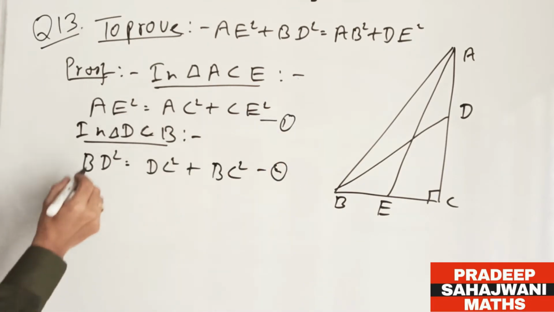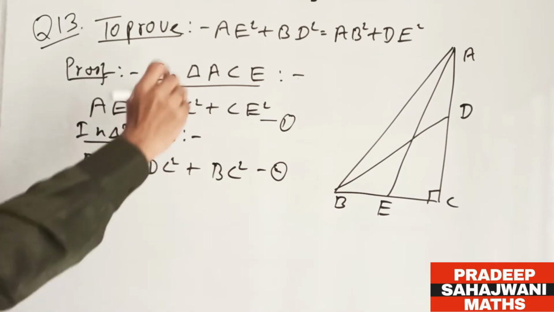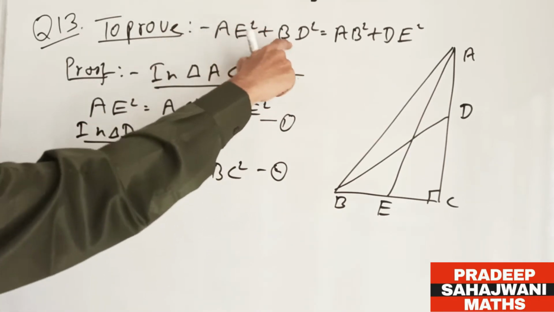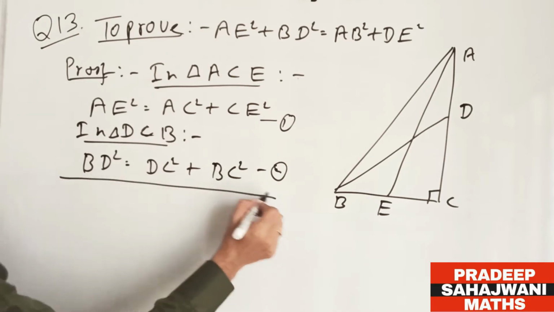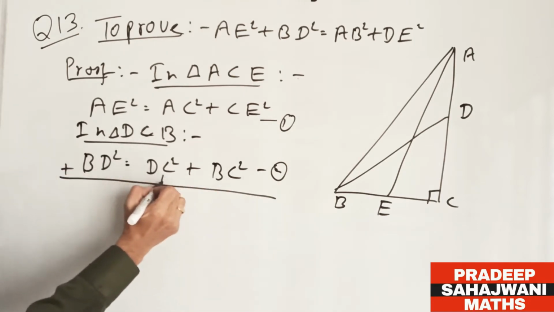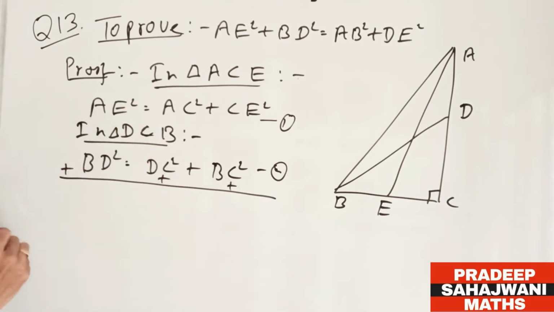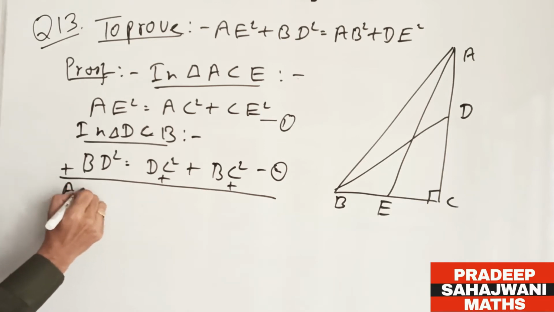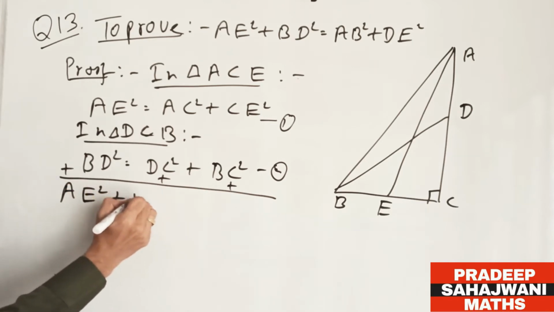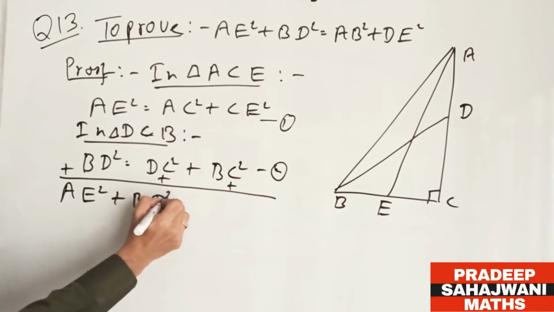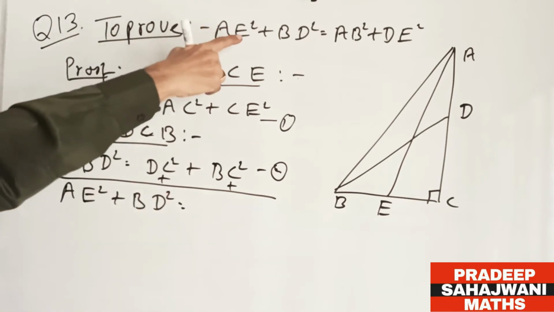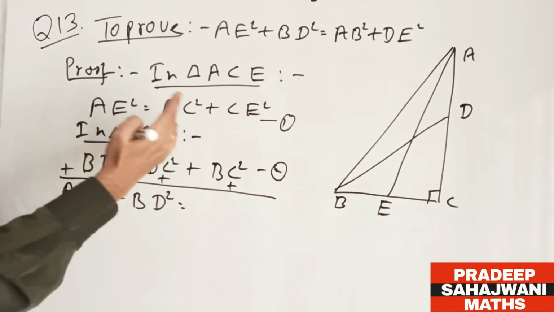So you will subtract this one or add. You have to decide. See in the proof, to prove we want the addition, so we should add. So AE square plus BD square. Now AE square plus BD square means now we got the LHS. At least we got the LHS. Now let us see this one.